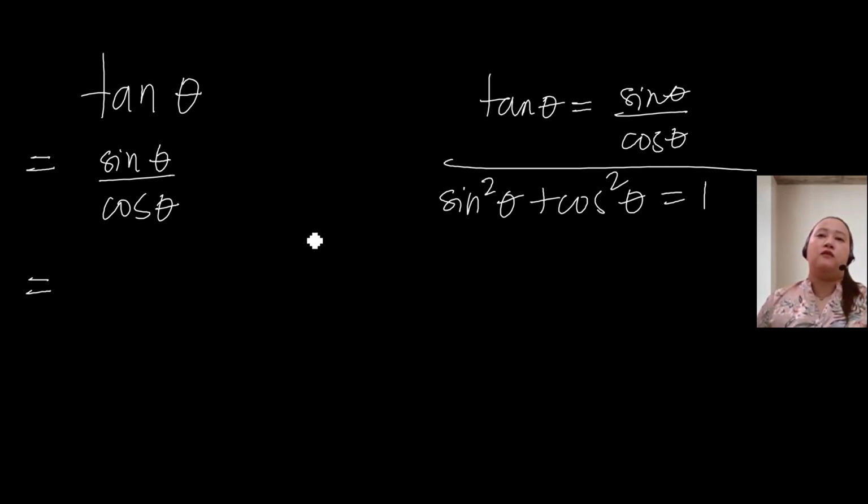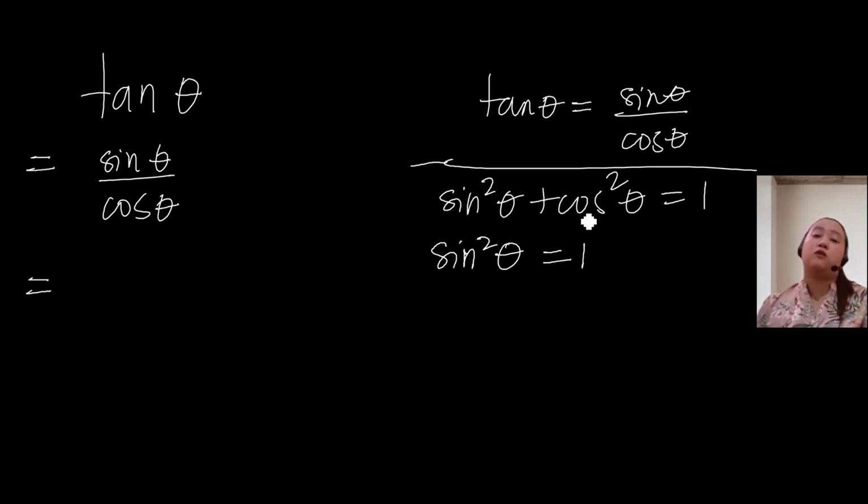If we would like to come up with something we can substitute for sine theta, we need to derive this. In deriving, we need to write sine squared theta on the left side only, and on the right side, we have 1.